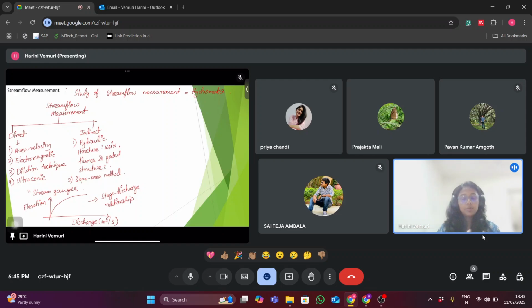Okay, so once we get this discharge data from stream gauges, and also we have the elevation head of the water, we will get this plot for each stream or river at a particular location.